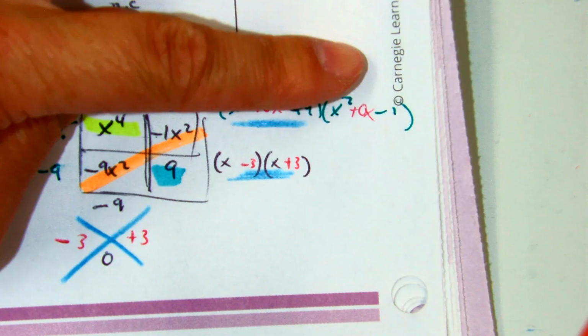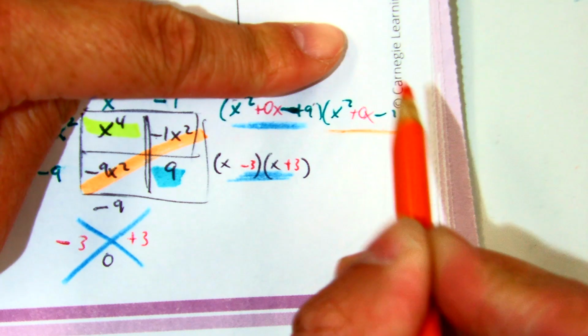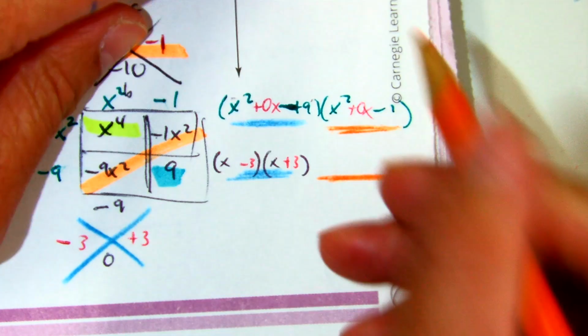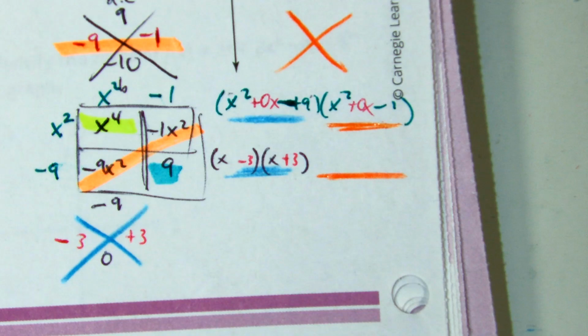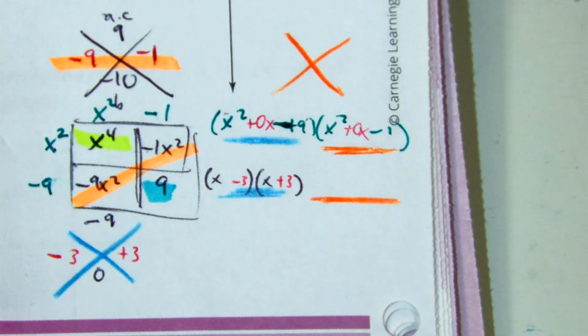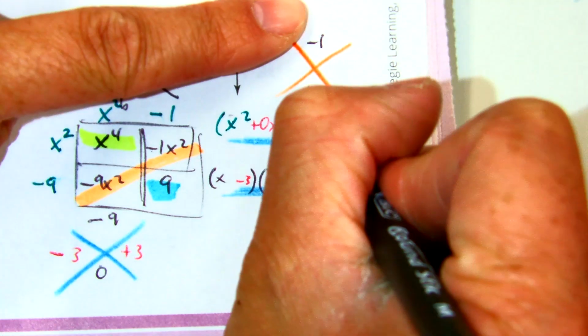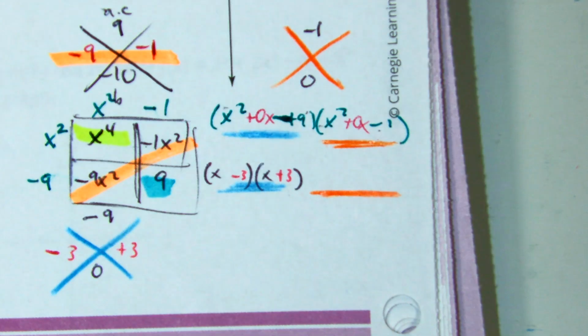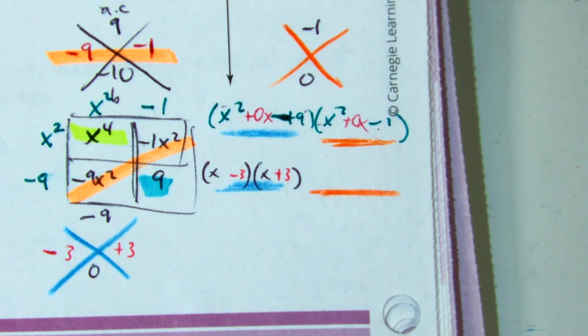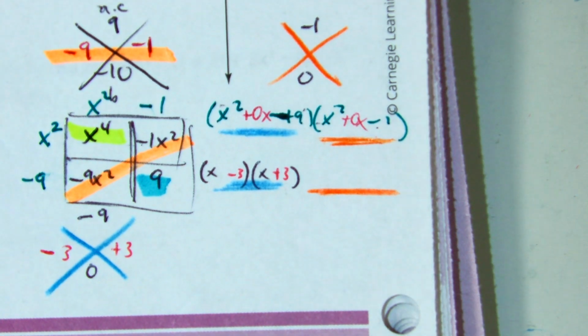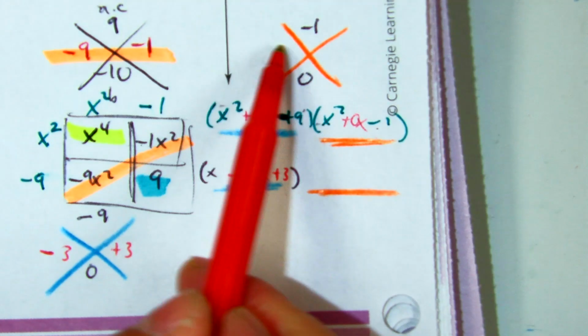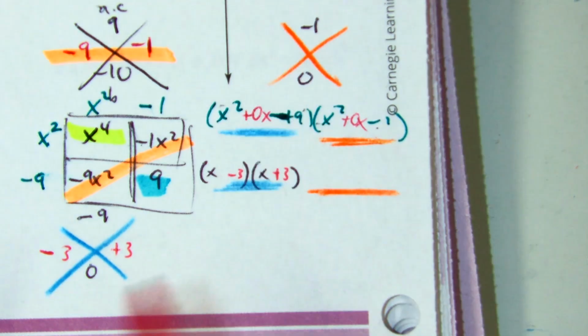Let me do the same thing for the orange. A times C is negative 1. B value is 0. Partner B whisper to partner A, what are your two numbers? Annalyn, what are our two numbers? Two numbers that multiply to be negative 1 but add to be 0. Negative 1 and positive 1.